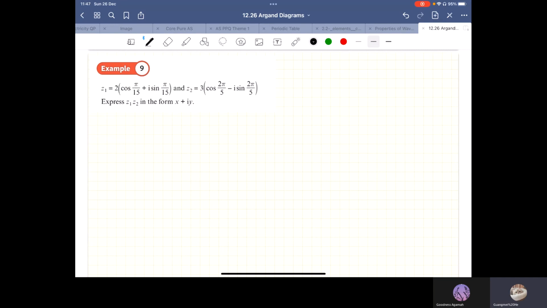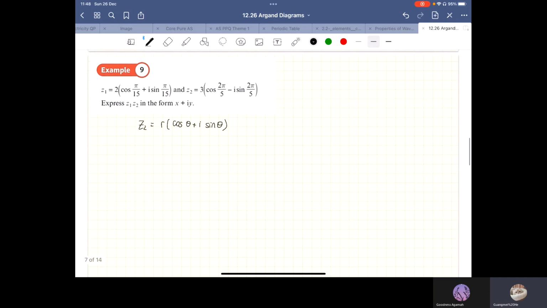Okay, what we need to do here is rewrite z2 in the form r times cos theta plus i sine theta, because currently between cos theta and i sine theta, we see a negative sign, and we don't want that because it's not in that form. So we are going to rewrite z2 as our first step.